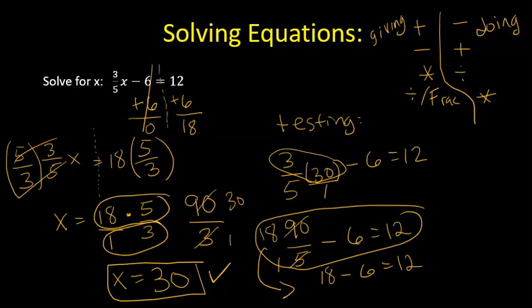We got rid of that fraction. 18 minus 6 is 12, right? And I just brought this down. So it's 12 equals 12.